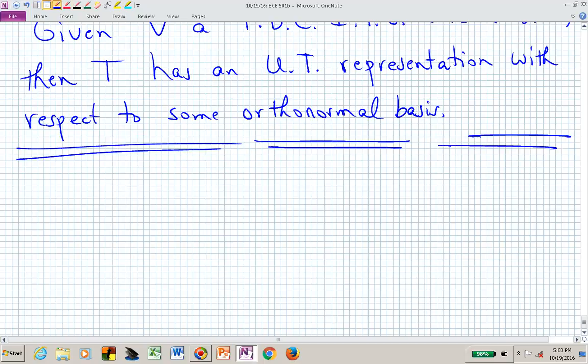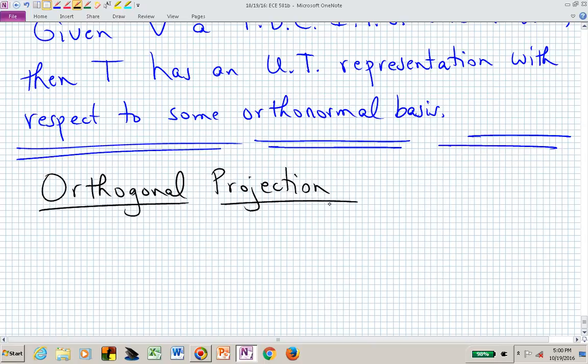Now let's use these ideas to talk about orthogonal projection.